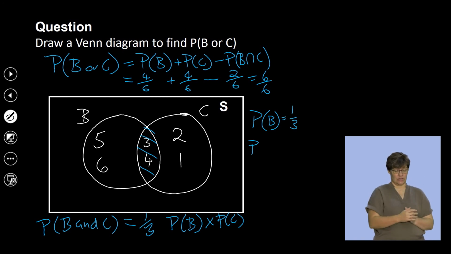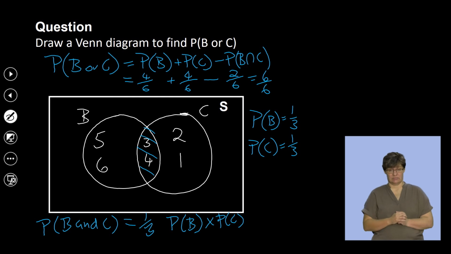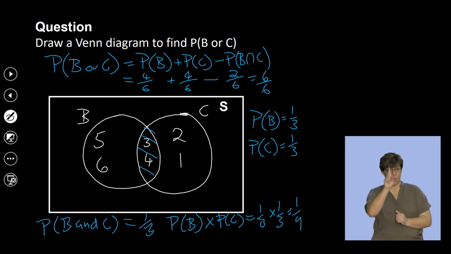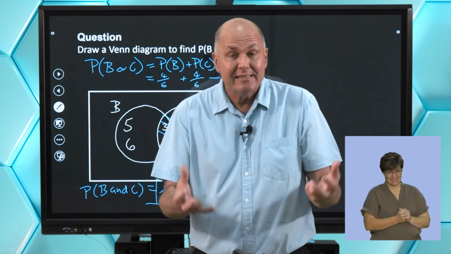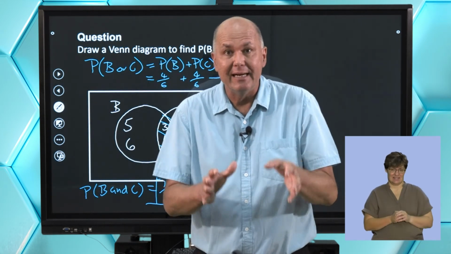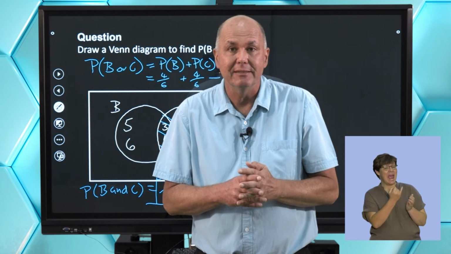We take a look at the probability of C, recognize that's 1/3. Now, what's the product of those two? If we say multiply them together, that's 1/3 multiplied by 1/3. Can you see that's going to give us 1/9? And in the intersection, we only had 1/3. So these are not independent events. That's the test. We can recognize that these are not independent events.